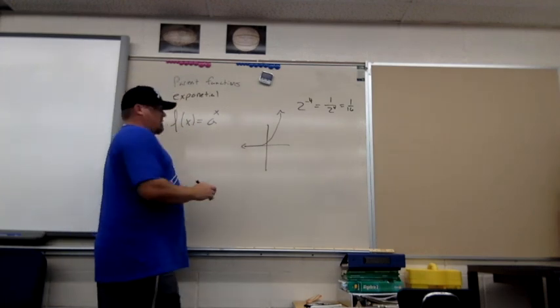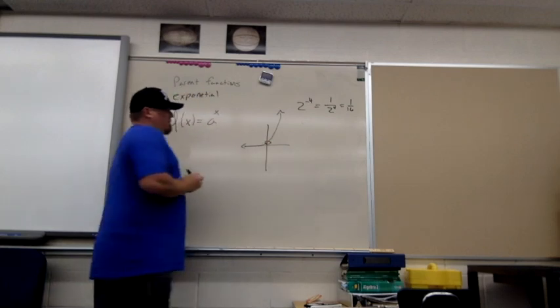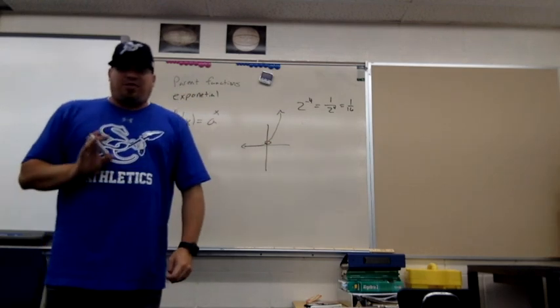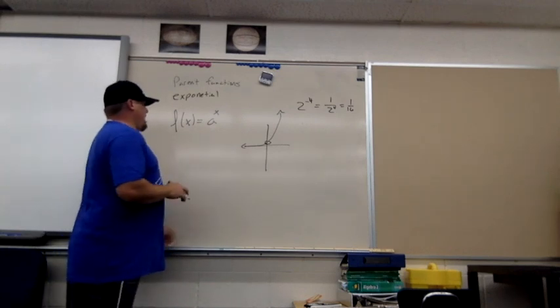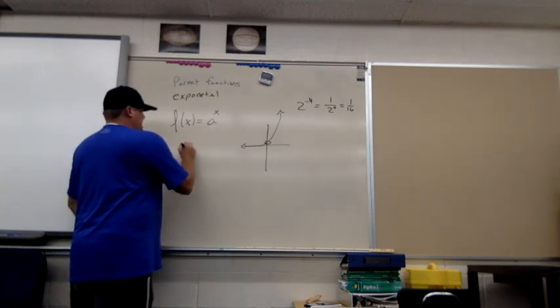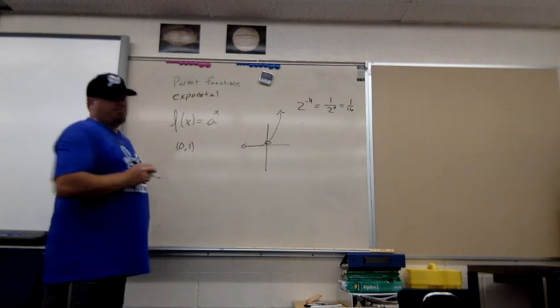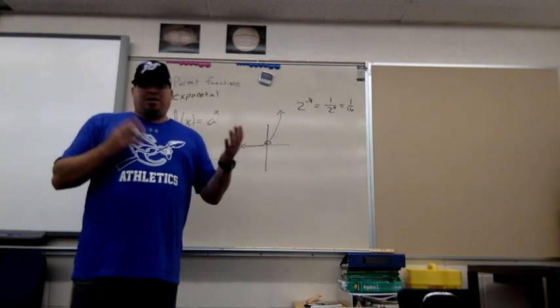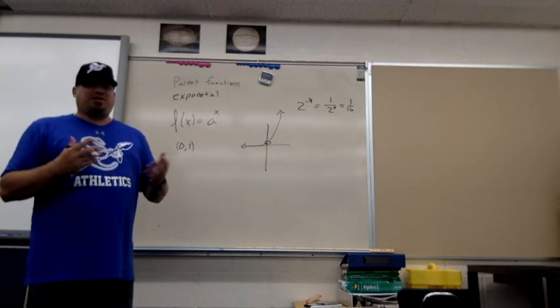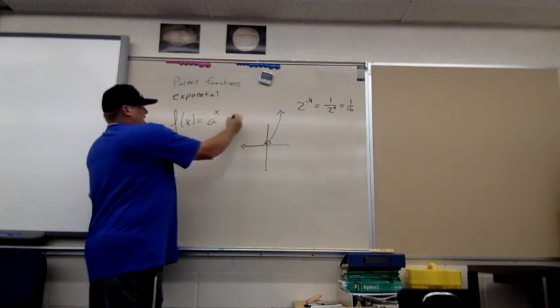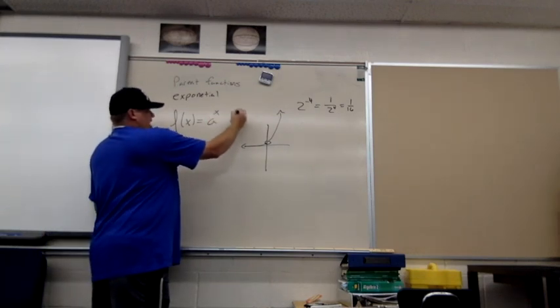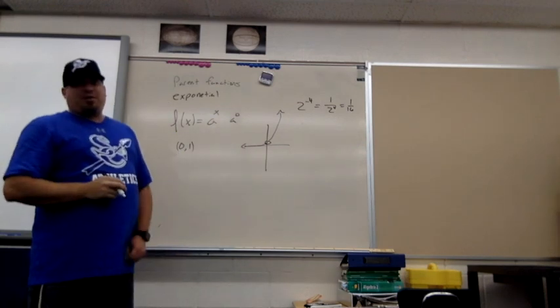Now, the intercept right here. The intercept for the exponential parent function, no matter what the a is, is always going to be 0, 1. So you're like, what? Why? All of the others are 0, 0. Why is it changing now? Well, the reason for that is, what's any number, and we'll just say a, any number to the 0 power?